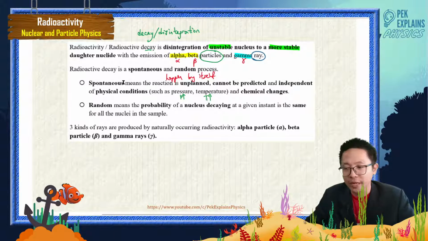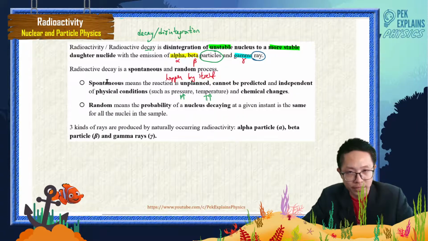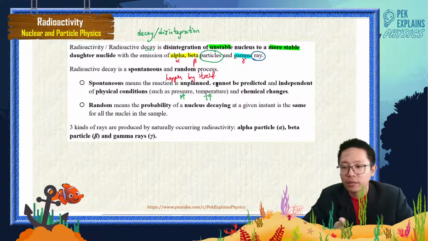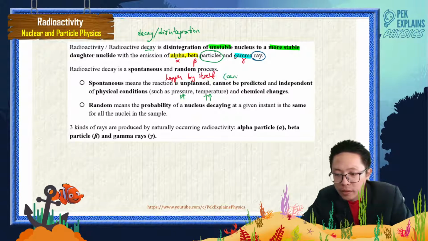So this reaction you cannot control. It just happens by itself. Understand? That means it is spontaneous: it happens by itself and cannot be predicted. We cannot change the rate; spontaneous means it cannot be manipulated in any way.